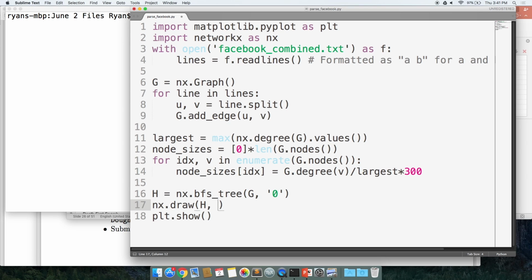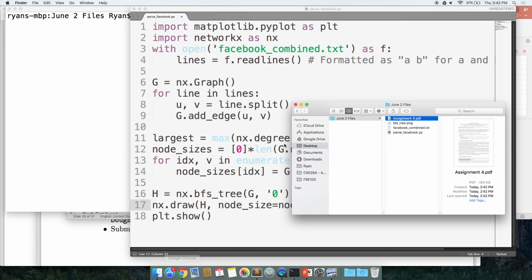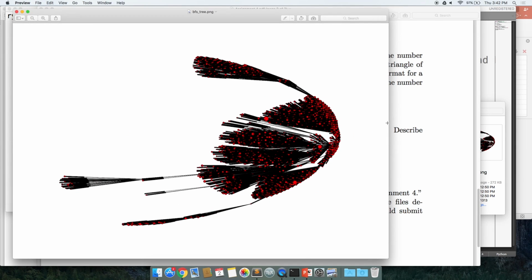The way to do that is with a named argument called node size, which is just a list that tells the draw function, hey, I want to draw each of these vertices with this size. So I feed it the list node sizes that I just made. If we do that, it'll take a really long time, so I went ahead and did it for you. This is actually what it ends up looking like.